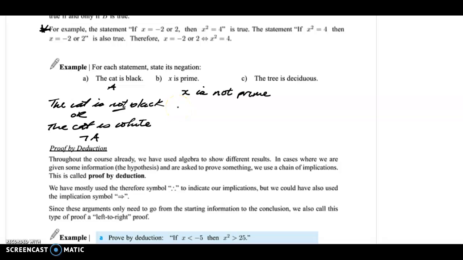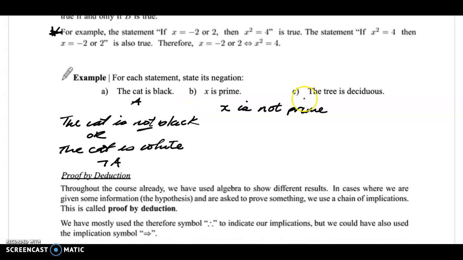Let's just keep it x is not prime, right? Then for C, the tree is not deciduous.